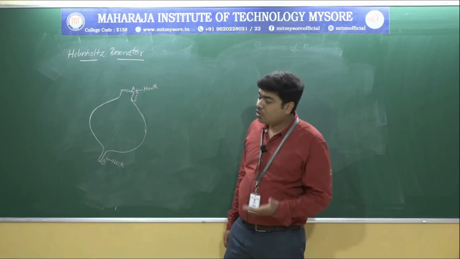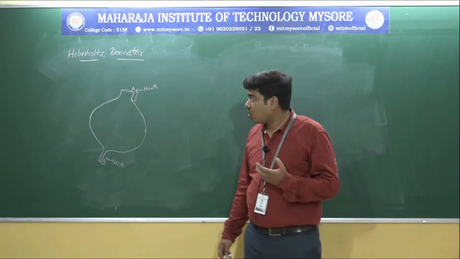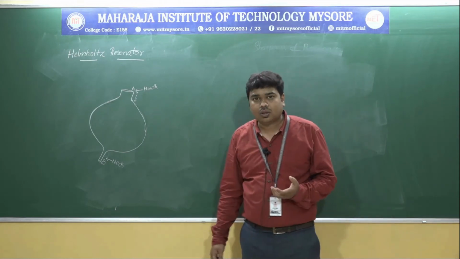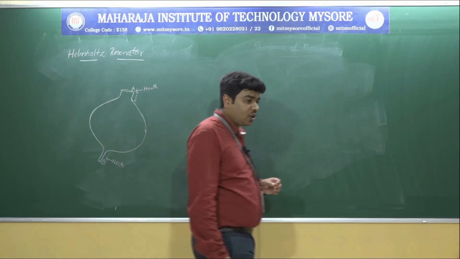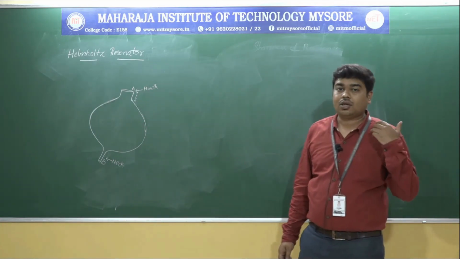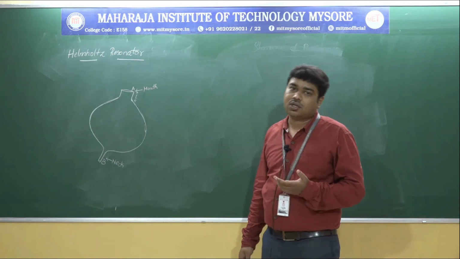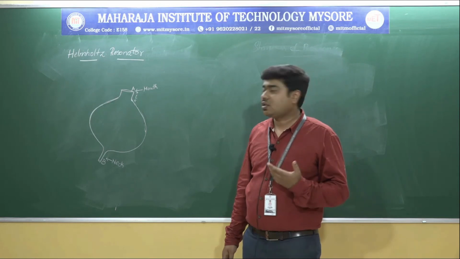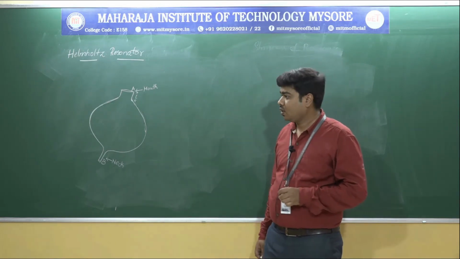So this Helmholtz resonator is used to find out the complex musical notes. Thus the resonator is said to resonate only for such musical notes whose frequency matches the natural frequency of the Helmholtz resonator.